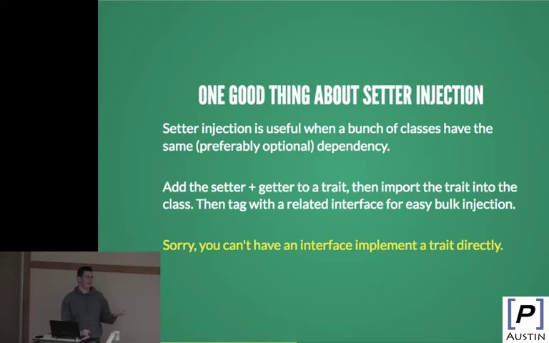Set logger, you have your logger property, and then maybe a proxy method that says this logger log a thing. And then you can use that trait elsewhere in your code, and you're not having to copy and paste boilerplate code for using that logger elsewhere. That's at least a somewhat valid way of doing things.